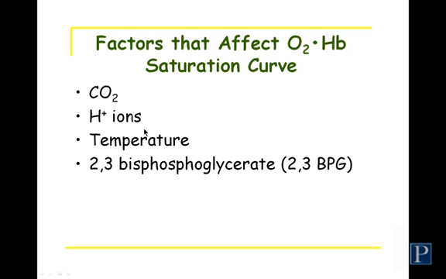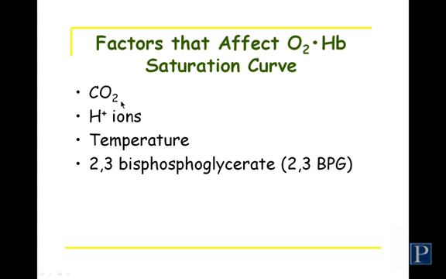Hydrogen ion concentrations go up because you're producing more lactic acid. The temperature of the tissue, the muscle, increases. All of these things can affect the configuration of the hemoglobin molecule. And I'm going to come back to one of these in a moment. A lot of these things can affect what the shape is.